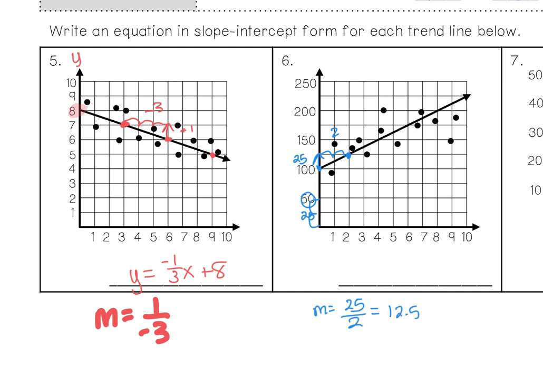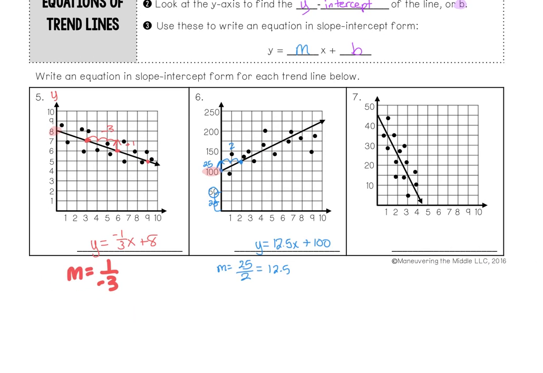So they just divided 2 into 25. So understand it can be either or, okay? And what's our y-intercept? Good, let's write the equation. And if you didn't understand how I got to 12.5, pause the video and raise your hand. I'll come explain it to you. All right?